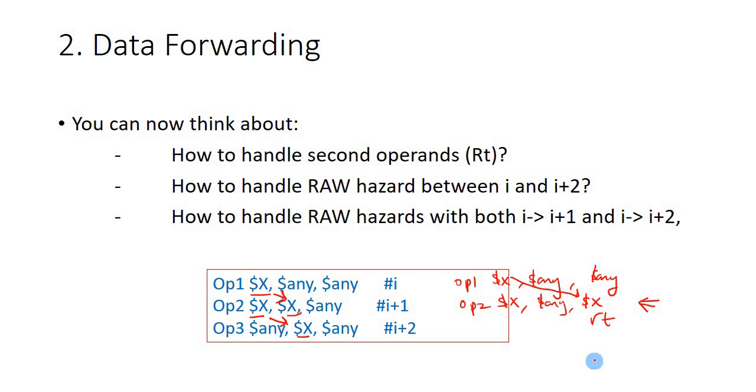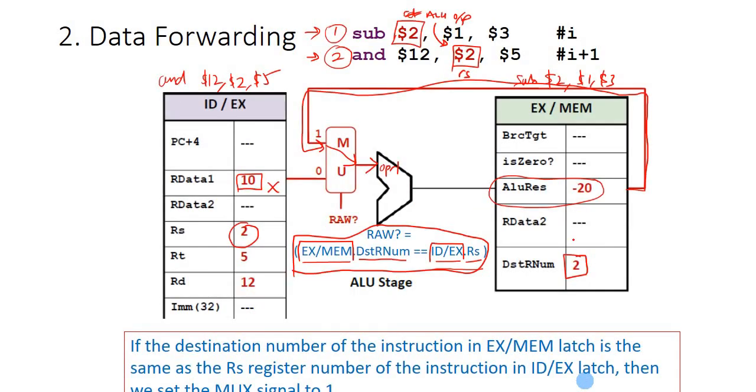That means this is actually the second operand of the ALU, not the first operand of the ALU. So if I want to solve this, I actually need another multiplexer here, where one input is the ALU output and the other is the data in your RT. And then this will go here.